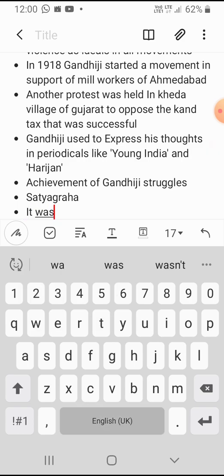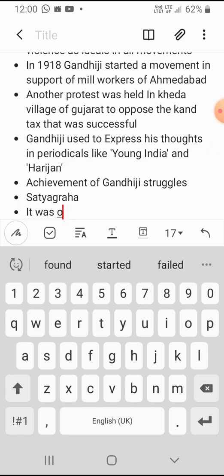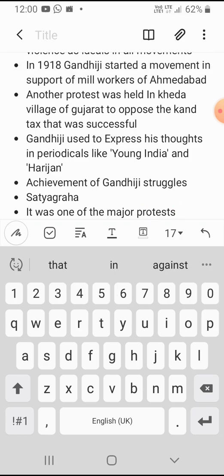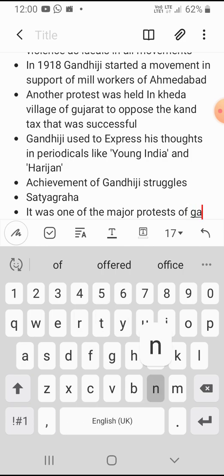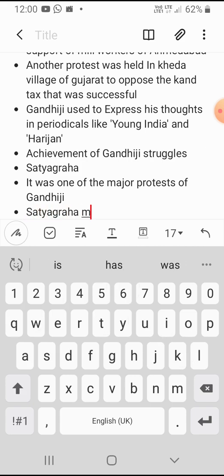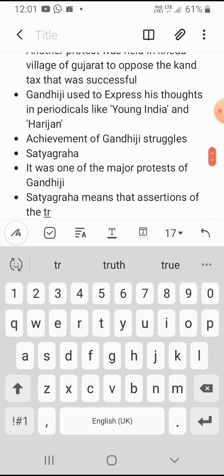It was one of the major protests of Gandhiji. Satyagraha means the assertion of the truth.